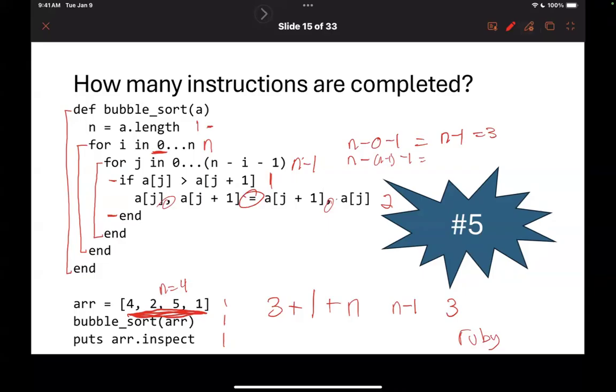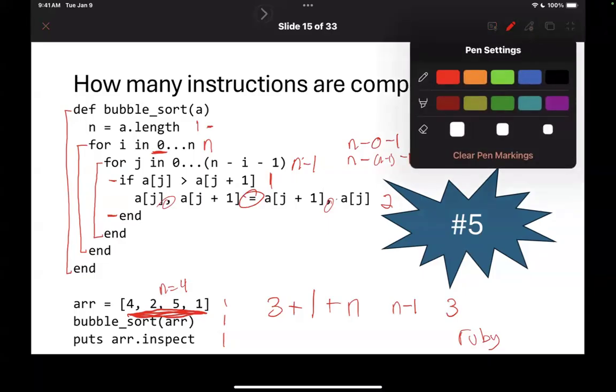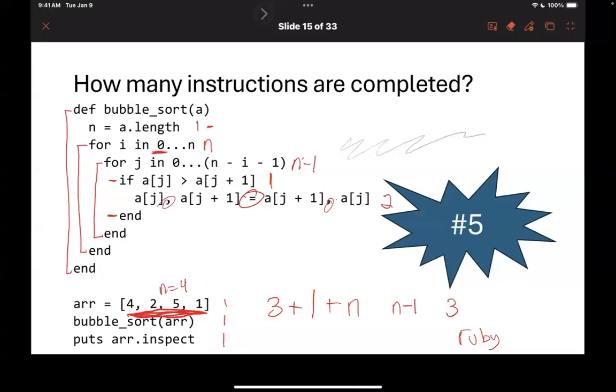Okay, all right, let me erase that. Our outer for loop goes from 0 up to n. We've defined n to be the length of the array that we're given. So this loop happens n times, right? Which is 4.